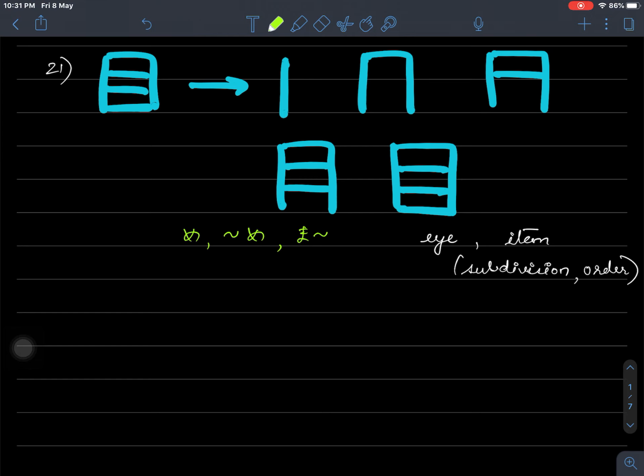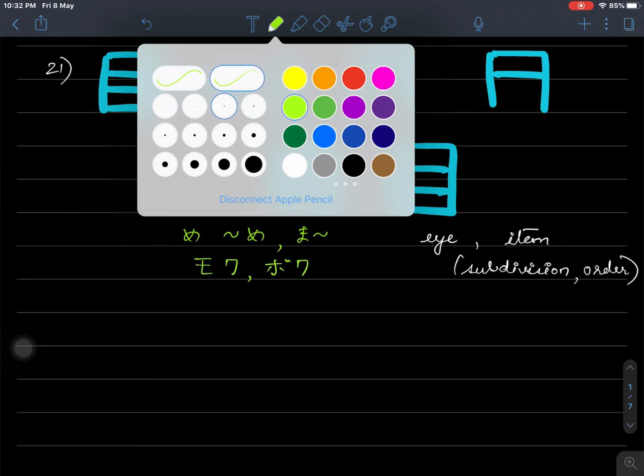The onyomis are moku and boku. Let me just rewrite that. Came out a little stranger than usual. Actually, it's still not right. Yeah, moku and boku. Now let's have a look at some words.